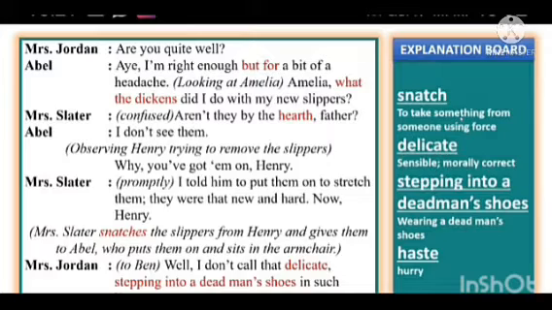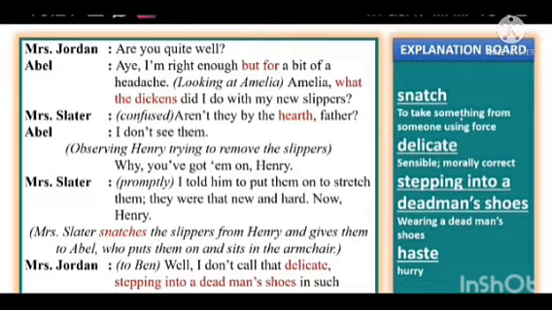What is her intention by asking this question? She had to clarify her doubt. So what is her doubt? That her father was dead or not. She clarified her doubt by asking, are you quite well, father?